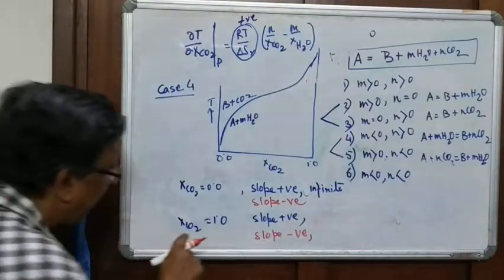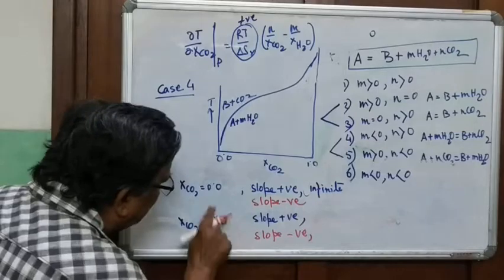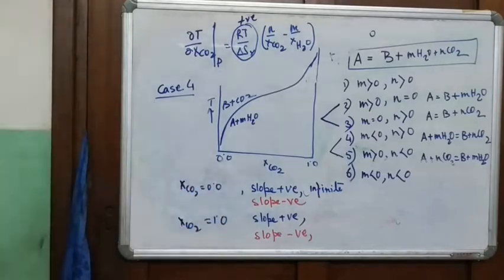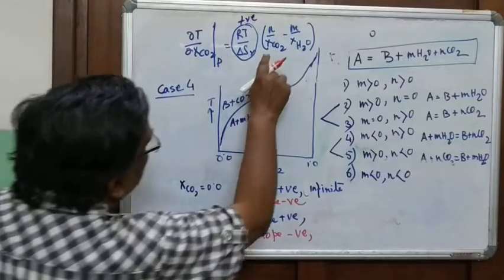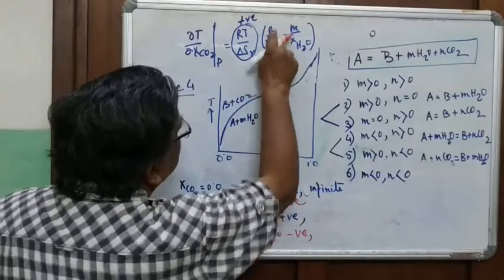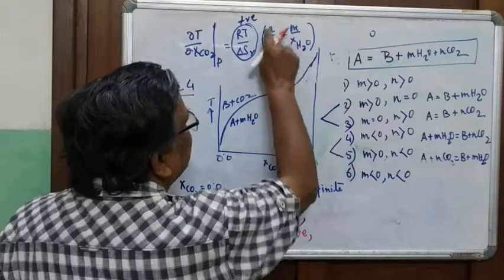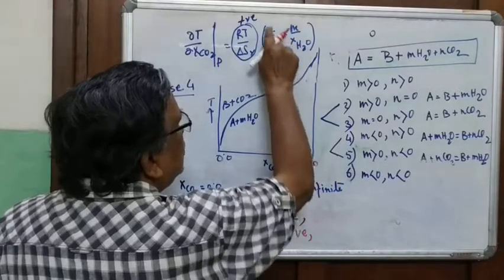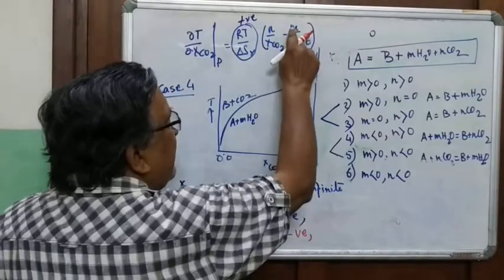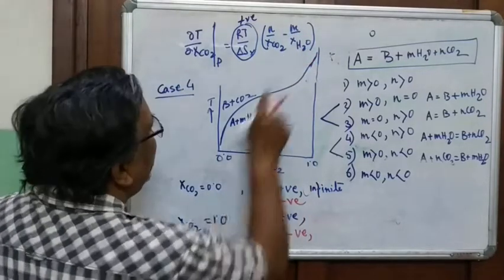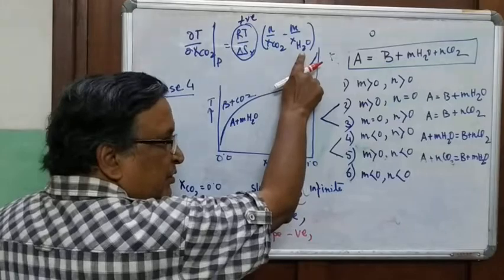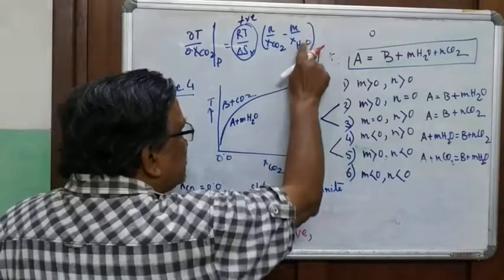Now let's see at XCO2 equal to 0.0. You see the slope is negative. At XCO2 0.0, XH2O is equal to 1.0, so the m by XH2O term is a small number and not important.